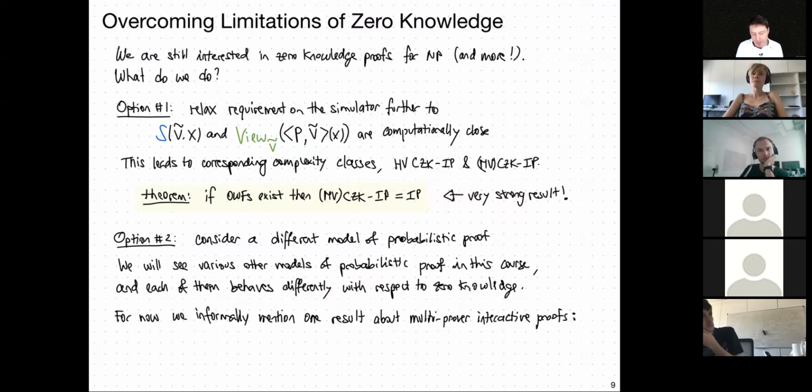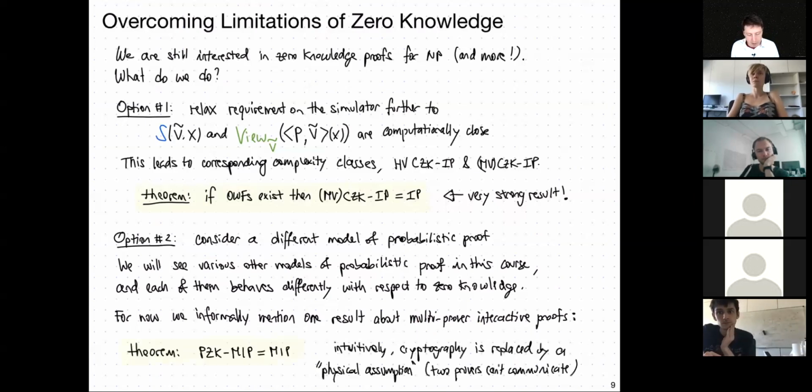I'll just mention perhaps the most well-known example of a way to circumvent this limitation for zero knowledge, and that has to do with multi-prover interactive proofs. You can define a multi-prover interactive proof to be basically an interactive proof where you talk to two or more provers that cannot communicate.